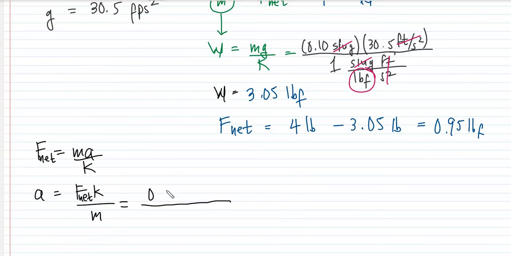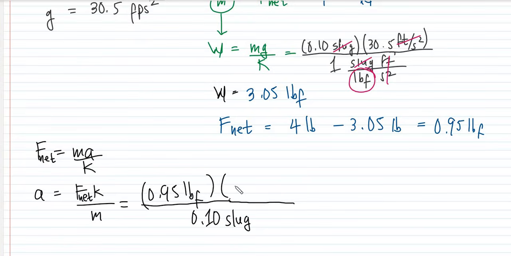F net is 0.95 pound force times k. K is determined by our mass and our units. So our mass is 0.1 slug, so the k here would simply be 1 again, 1 slug feet over pound force second square.